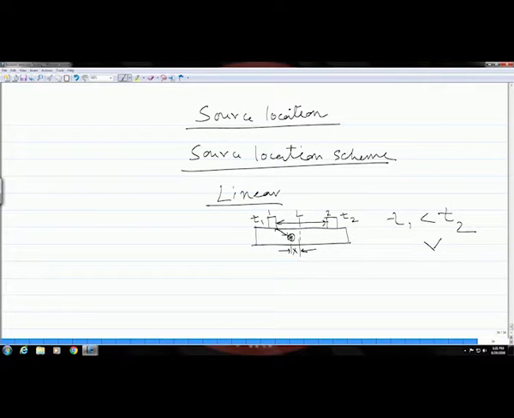So, you will get to know about x if you know the velocity, because we know that velocity into time is distance, and time we have already calculated. So, if you take the difference between t1 and t2, if you take the delta t and multiply this by the velocity, then you will know this distance x from the center line.